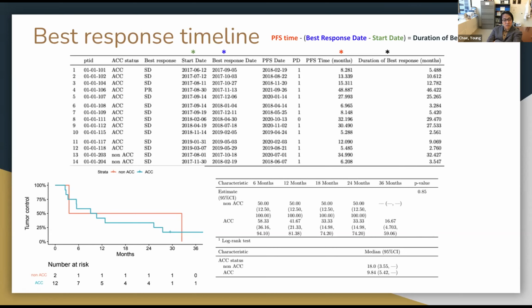Best tumor control, duration of best response. Interesting. Let me ask Dr. Jian, in clinical papers, have you seen this used much?